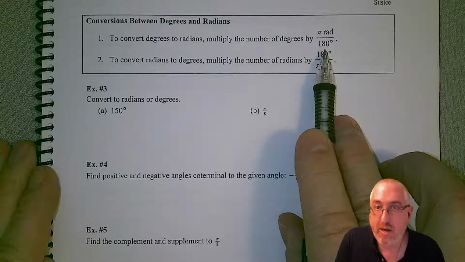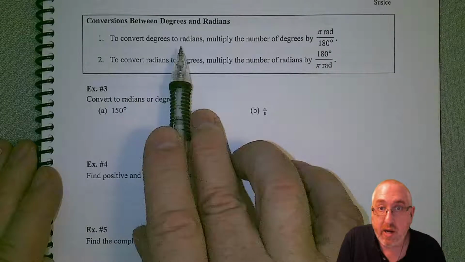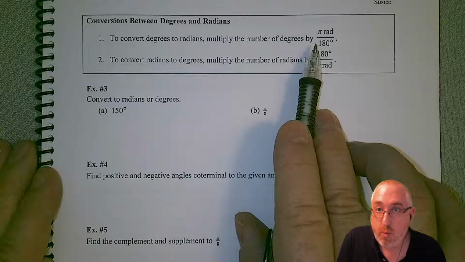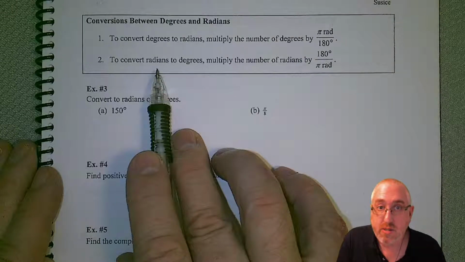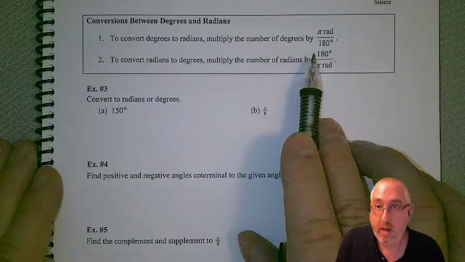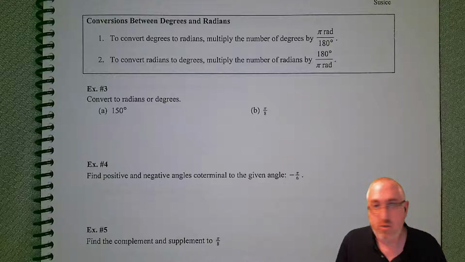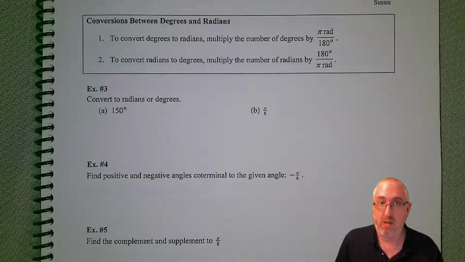When we're going from degrees to radians, we multiply by pi rad over 180 degrees. And if we're going from radians to degrees, we multiply by 180 degrees over pi radians. So it's one way or the other to get those units to cancel out.